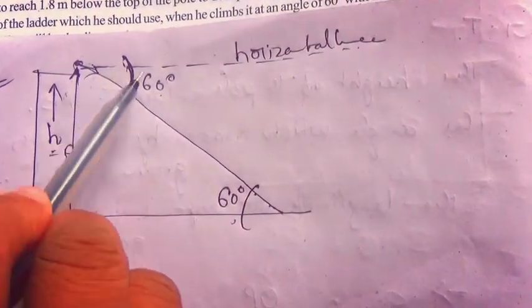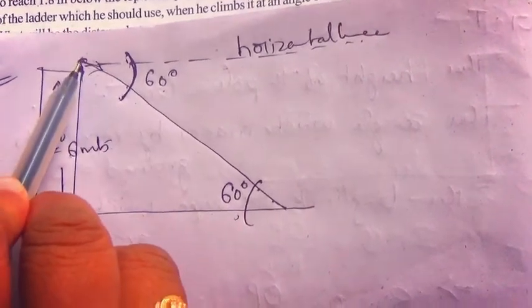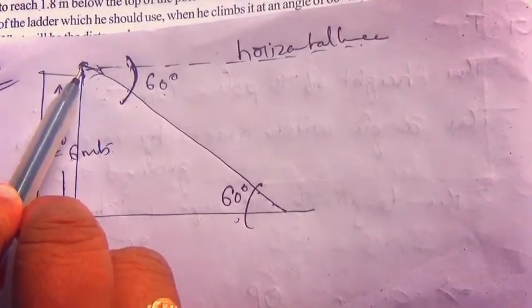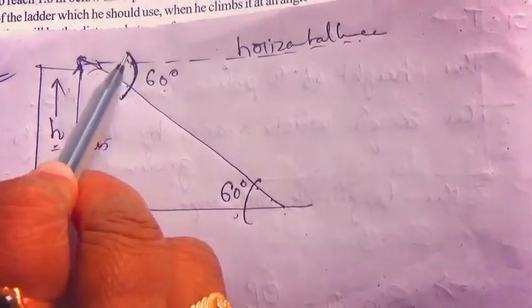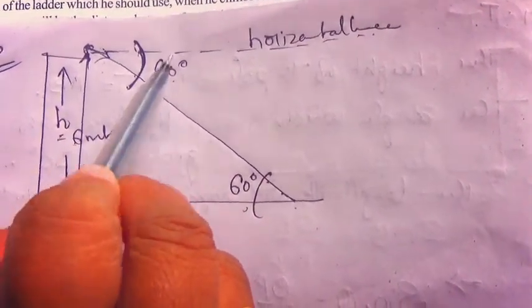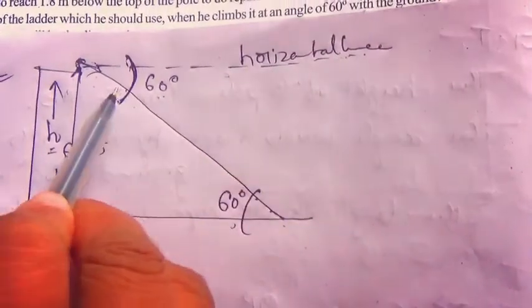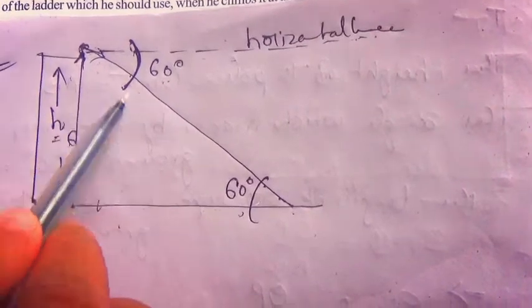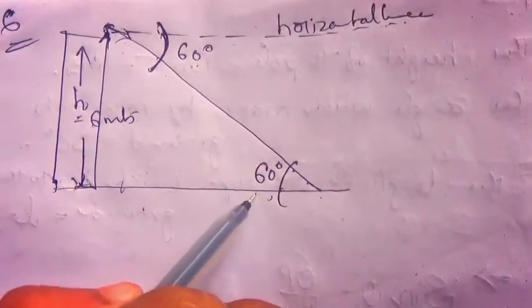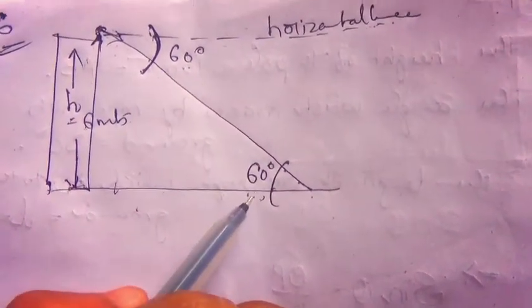Here the observer was, and he was targeting the arrow towards the ground, which makes an angle of depression of 60 degrees. It is a horizontal line, and according to this sum, these two are parallel lines. By using alternate angles, it makes the 60 degrees of angle.